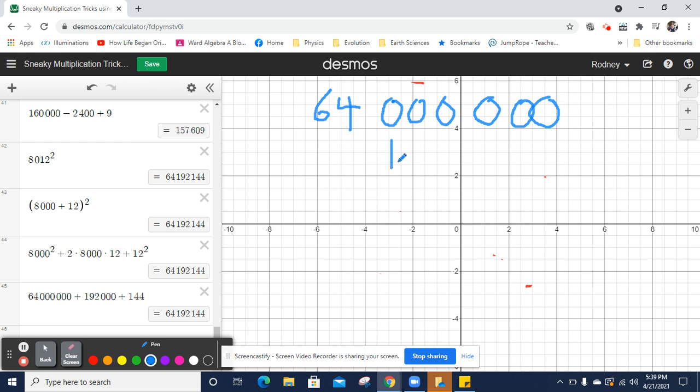This will not be hard to add. Could have done this with mental math, of course, but I want to show you it working in the world. So there we go, 144. So this is going to give me the square of 8,012.